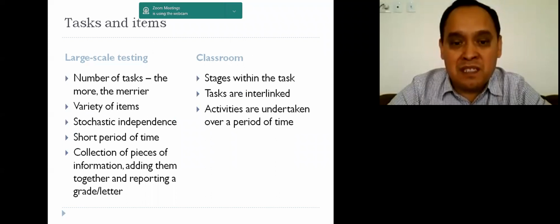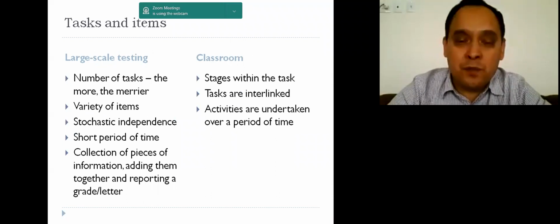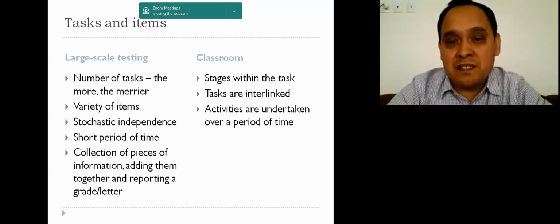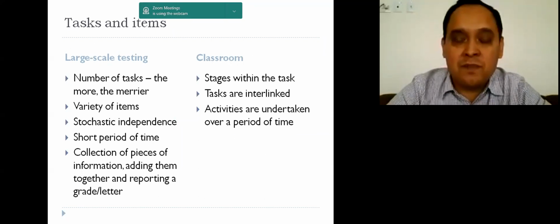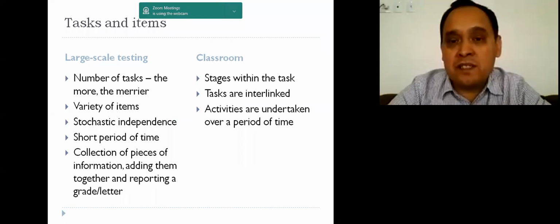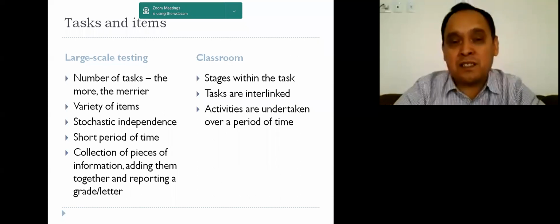The principle is the more the merrier, because the bigger the number of questions, the more reliable that test is considered. Of course, there are other things to consider, but usually these test papers have quite a lot of questions. And also the types of these questions, items, and tasks have to vary. There have to be tasks of different types.